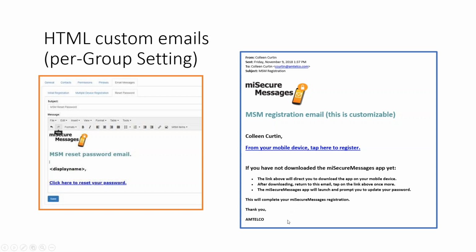Insert images. And here it says, if you have not downloaded the My Secure Messages app yet, the link above will direct you to download the app on your mobile device. After you download it, return to this email, tap on the link again, then the MSM app is going to launch, and it asks them to update their password, and that's it.